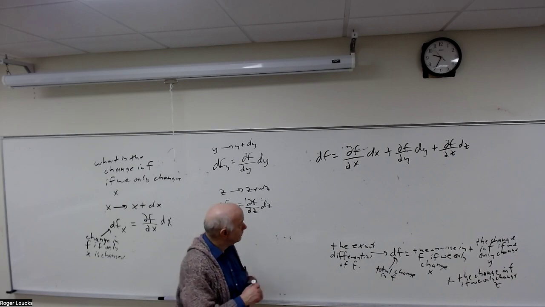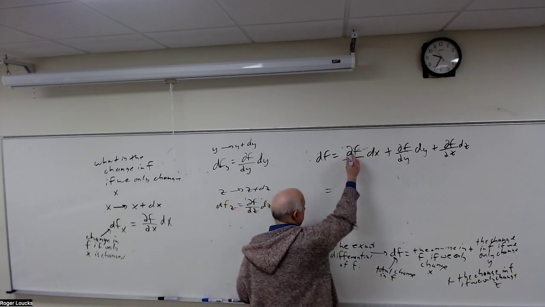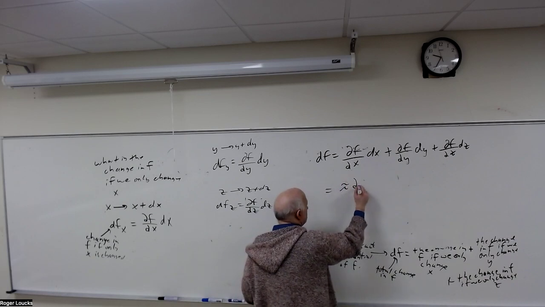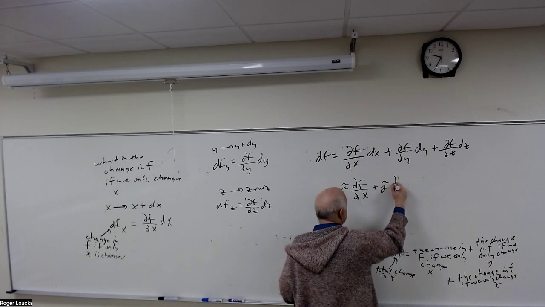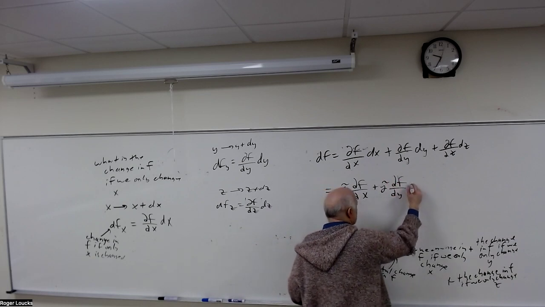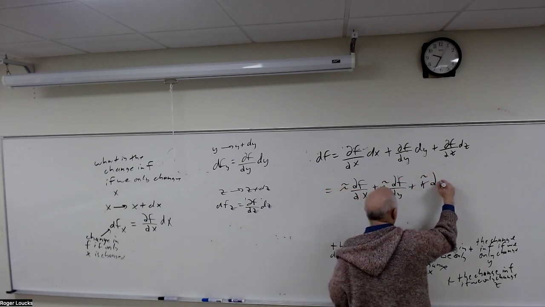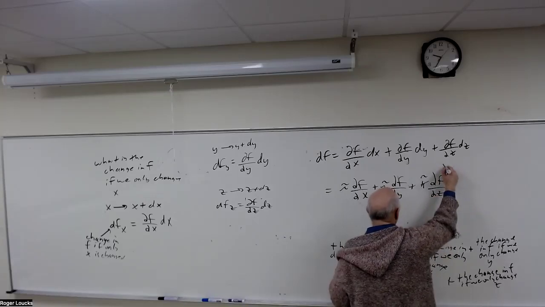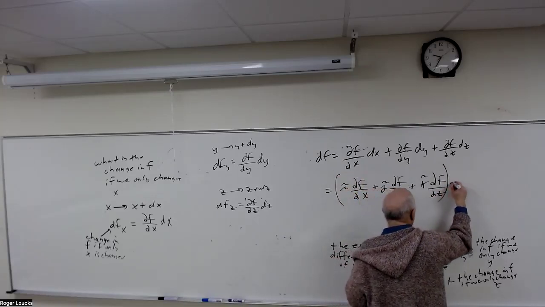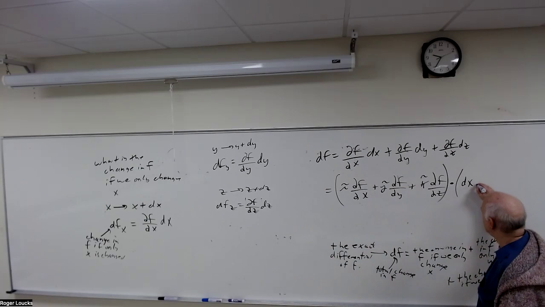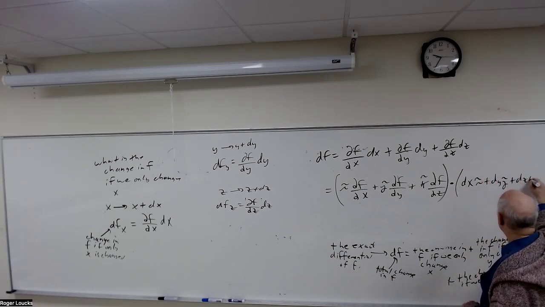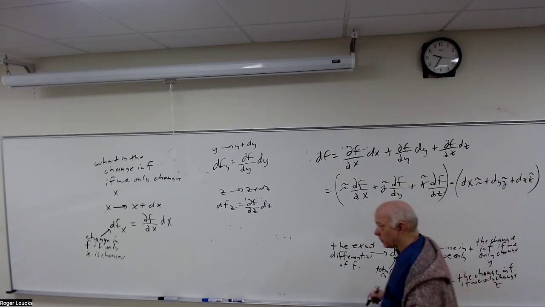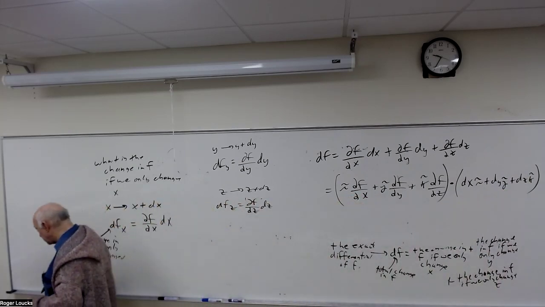A dot product. So I can really rewrite this whole thing here as i hat partial of F with respect to X, plus j hat partial of F with respect to Y, plus k hat partial of F with respect to Z. Dotted with dx i hat, dy j hat, plus dz k hat. And I go off the board. I have enough.